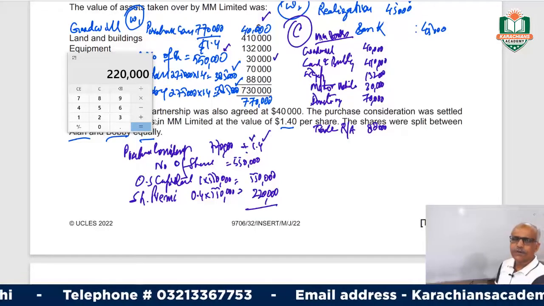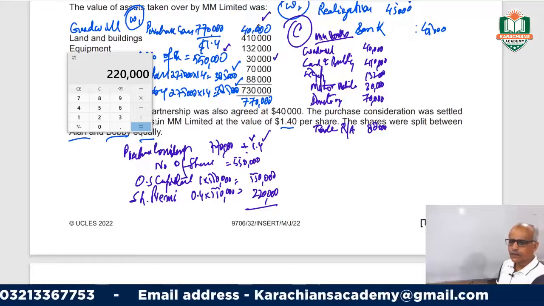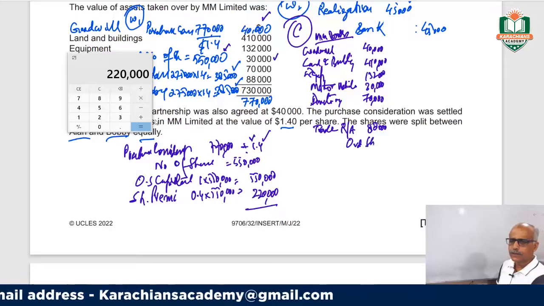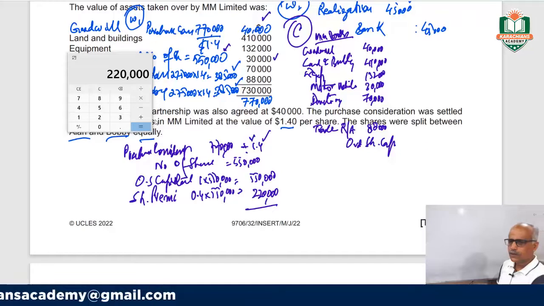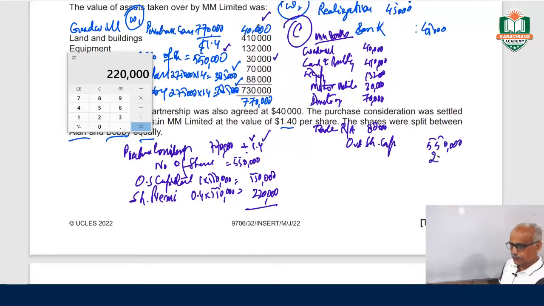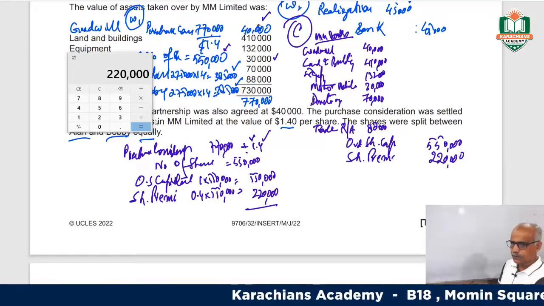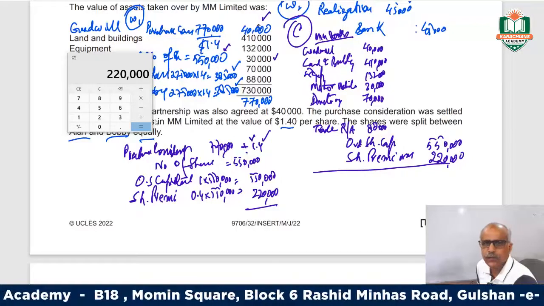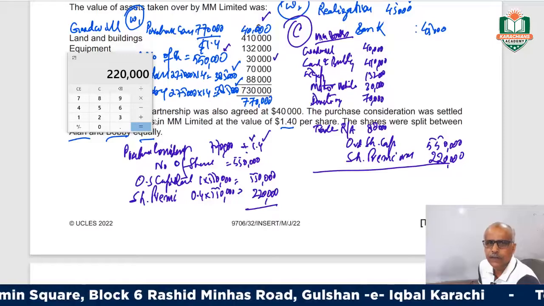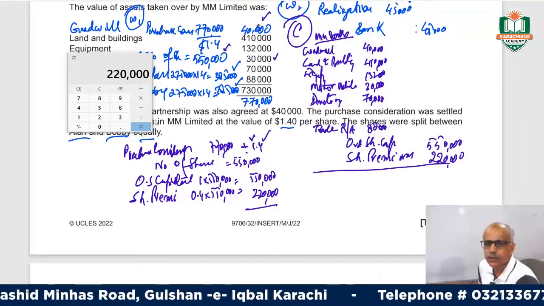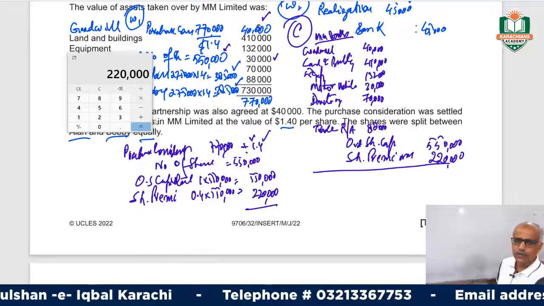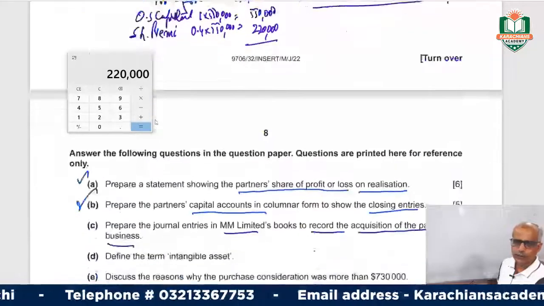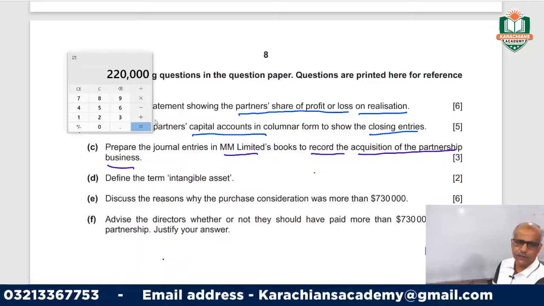So they will issue 550,000 shares and record it as ordinary share capital 550,000, and 220,000 share premium. So the acquisition of the assets will appear in MM's books as this journal entry. So we have done with C. Now move on to D.